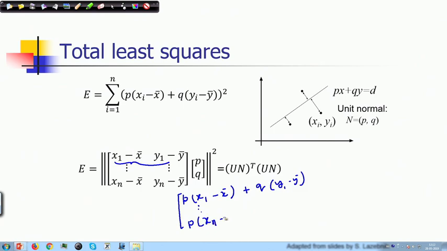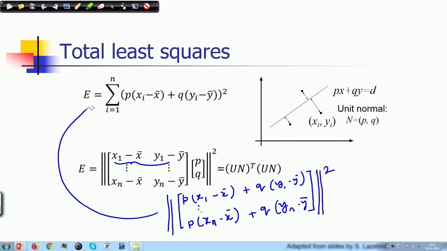The last row is p into x_n minus x bar plus q into y_n minus y bar. So, this column vector, and then if you take its norm square, you get this expression.